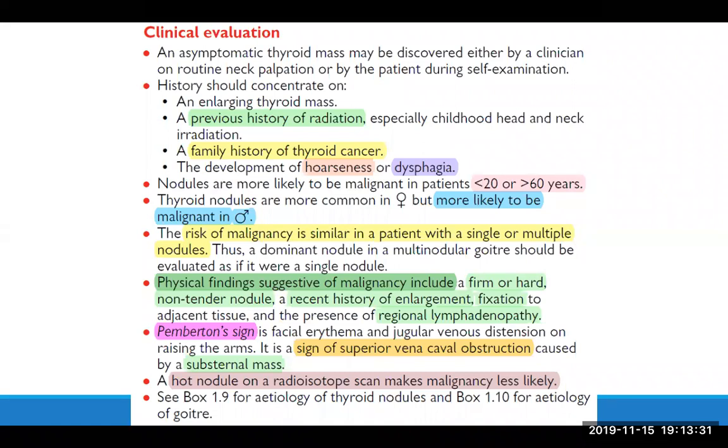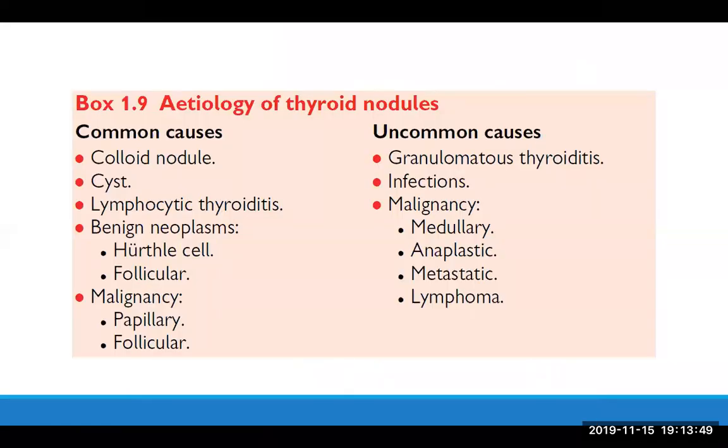We must know that a hot nodule on the radioisotope scan makes malignancy less likely, but does not exclude malignancy 100%. A risk of malignancy is still present, but it is lower than if the nodule is warm or cold. As for the etiology of thyroid nodules, the most common are colloid or cystic nodules, lymphocytic thyroiditis, pseudonodules, and benign neoplasia like Hürthle cell or follicular adenoma.